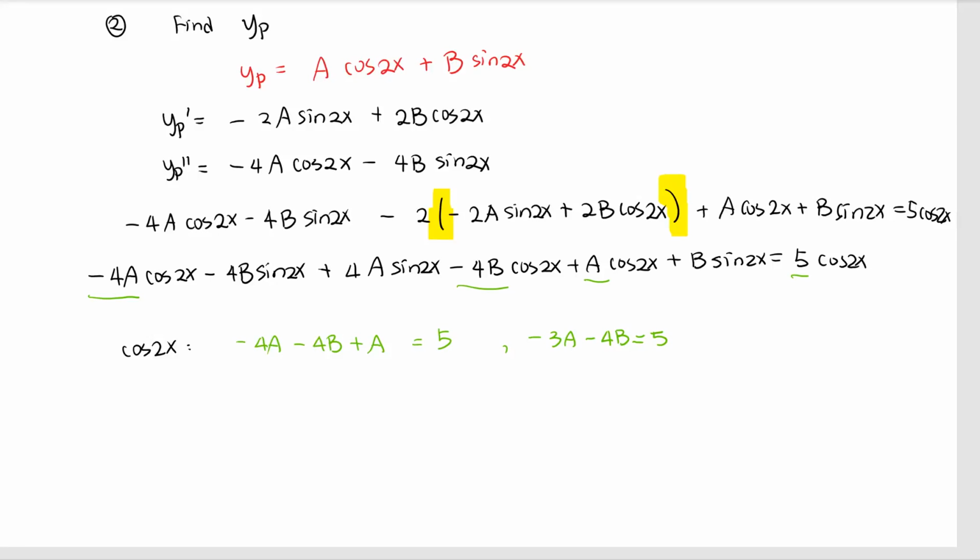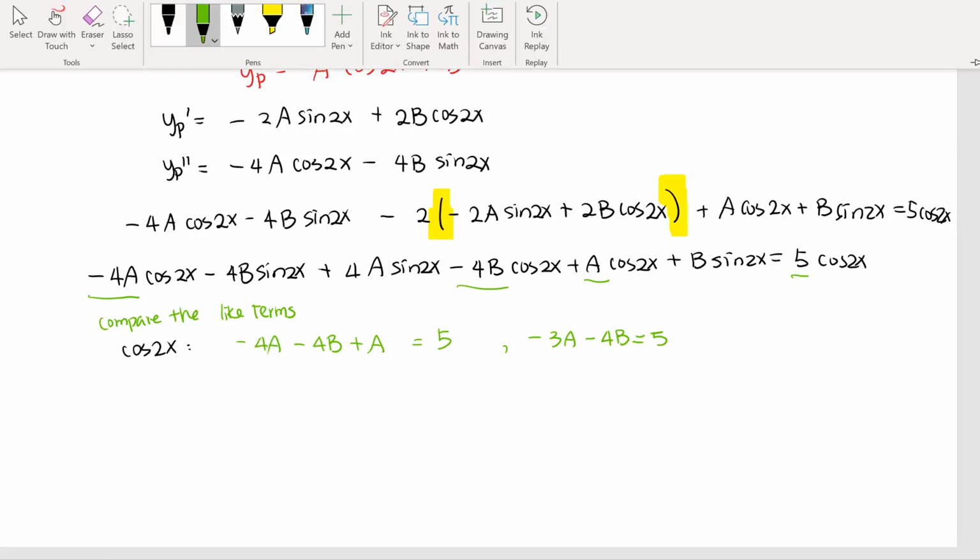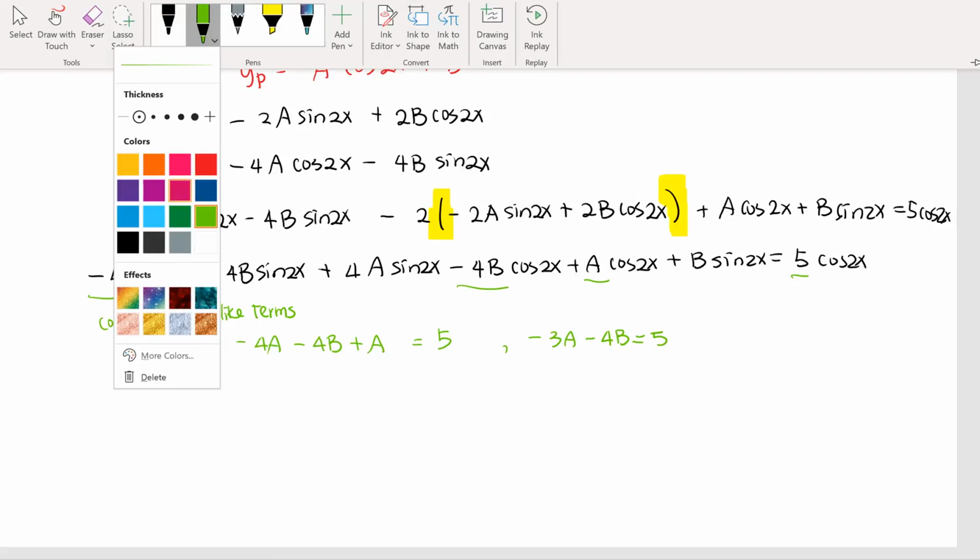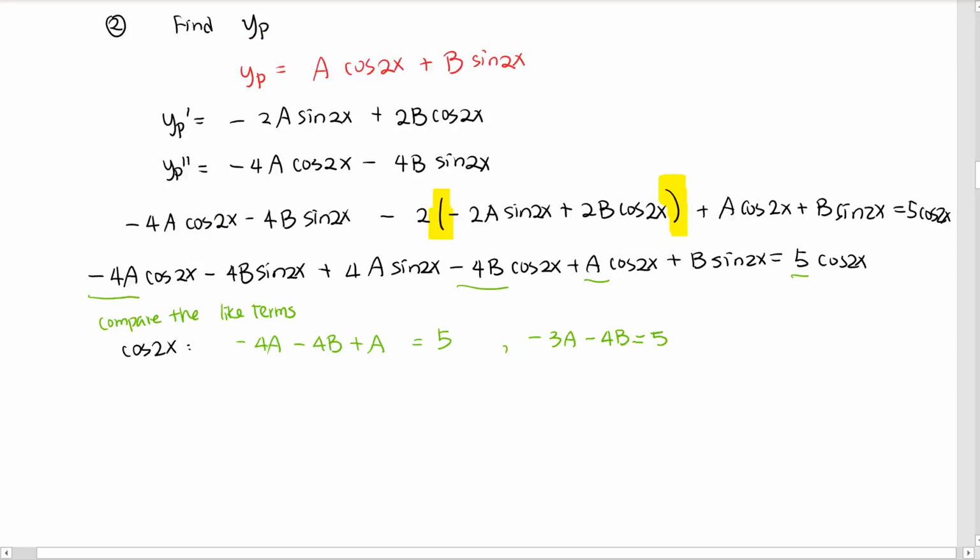So far, so good, everybody? And then, so here, what are we doing? We compare the like terms. Okay, and then next, let's compare with the coefficients of sine 2x.